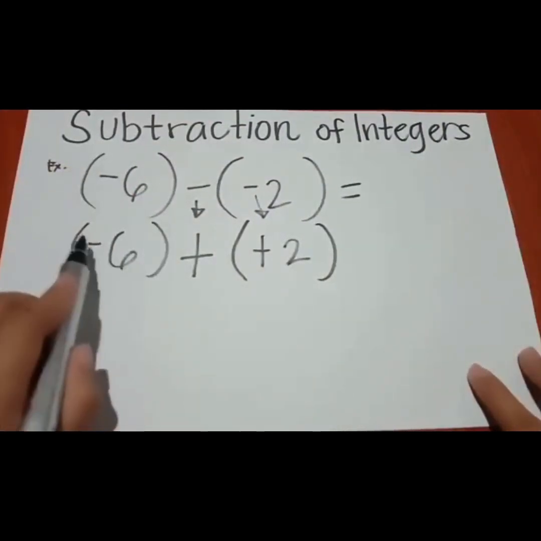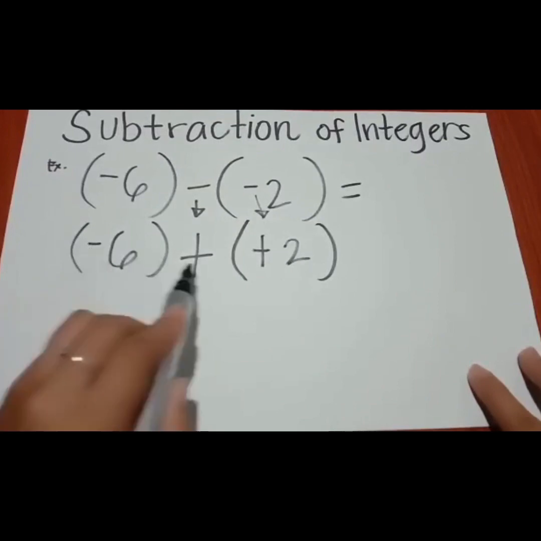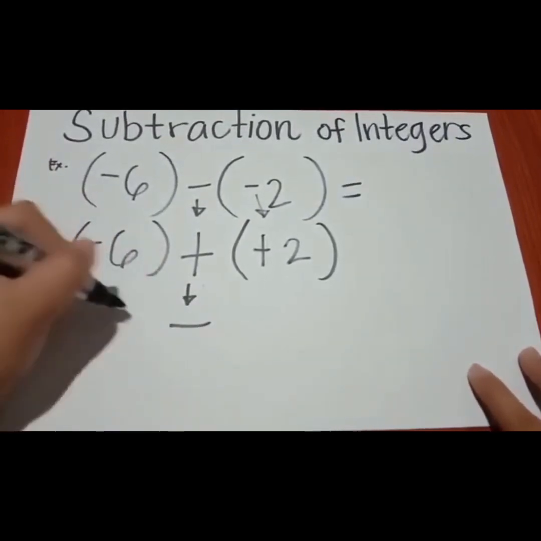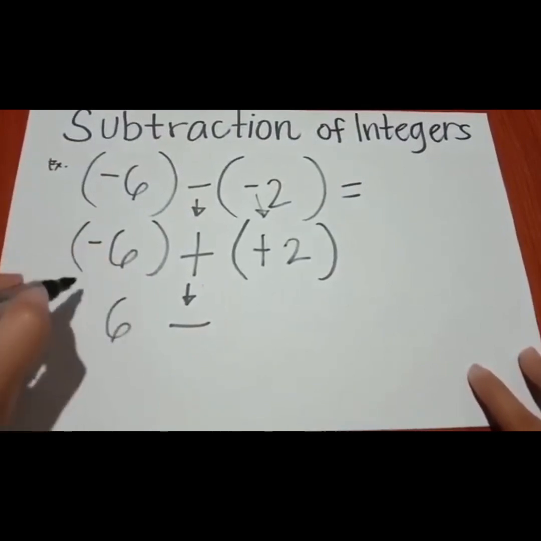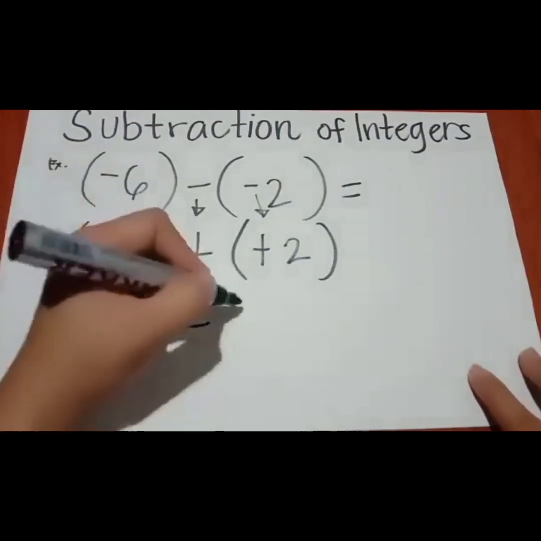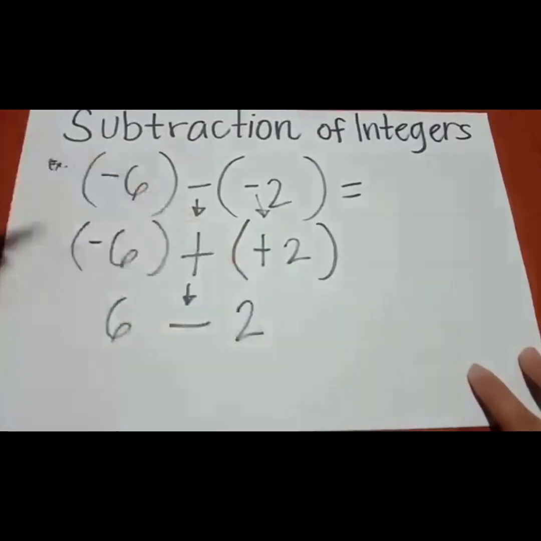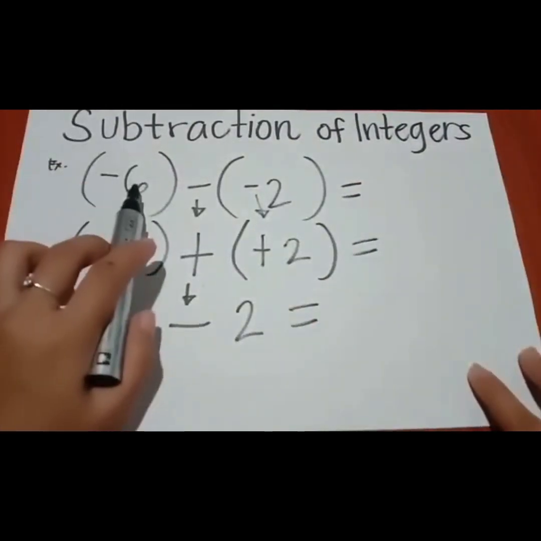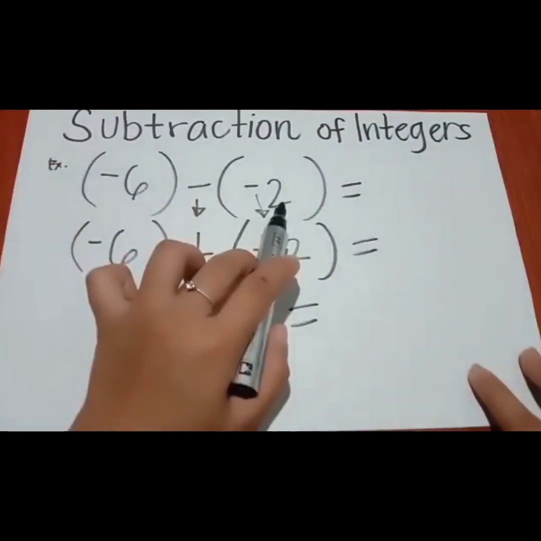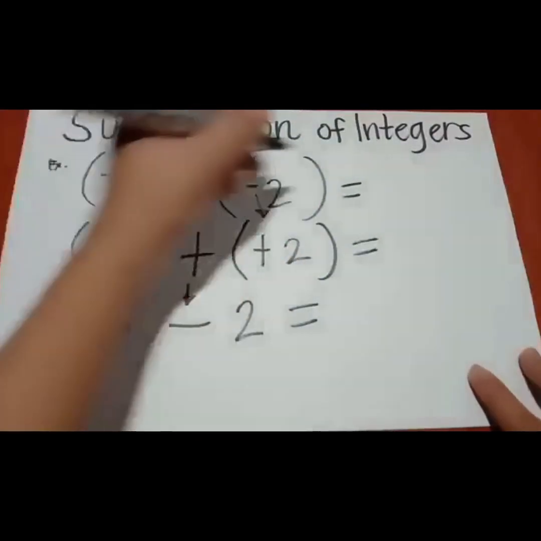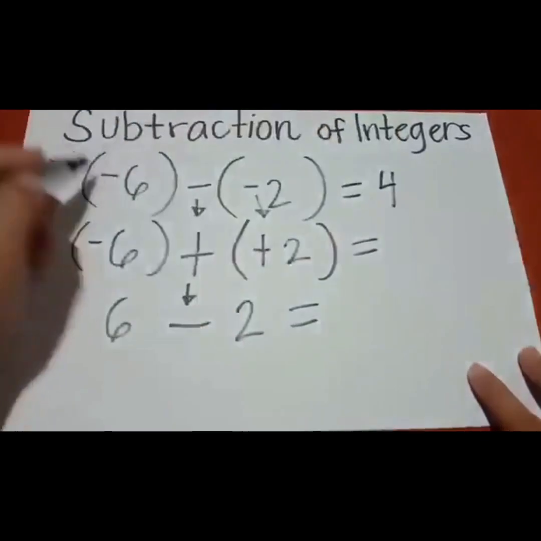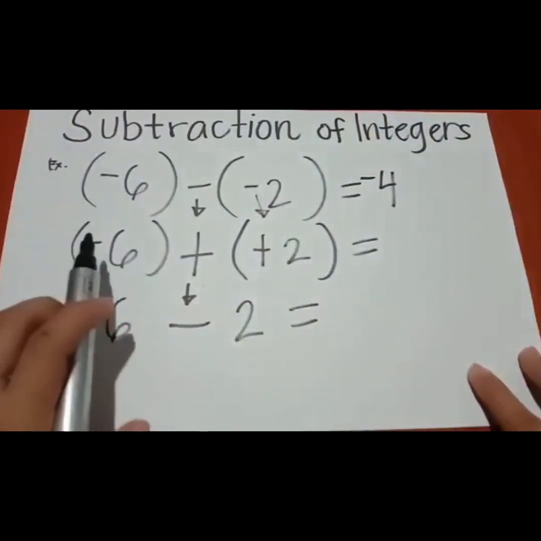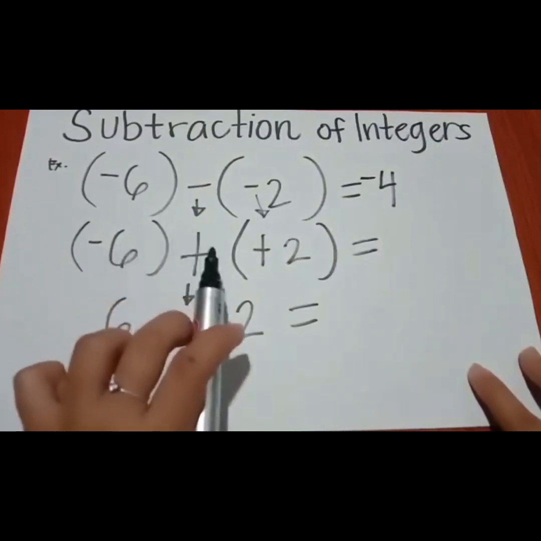And copy the 6, but no negative. So 6 minus 2. 6 minus 2, negative 6 minus 2 equals 4. And the big number is the 6. So copy the negative. And negative 6.